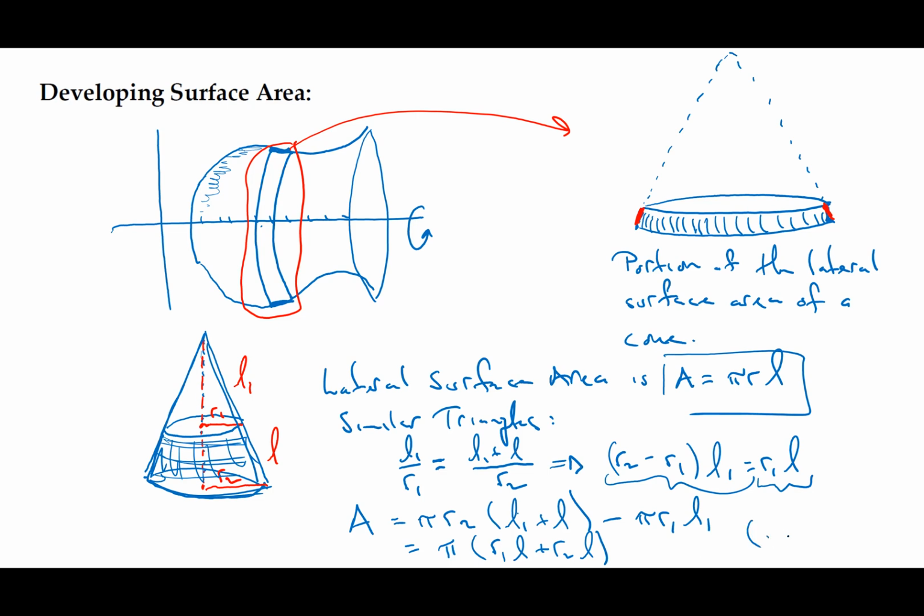Let R be R1 plus R2 all over 2, so that we wind up getting 2 pi R L, okay? Because again, R1 plus R2 would be 2R. We factor the L out. And so there we go.